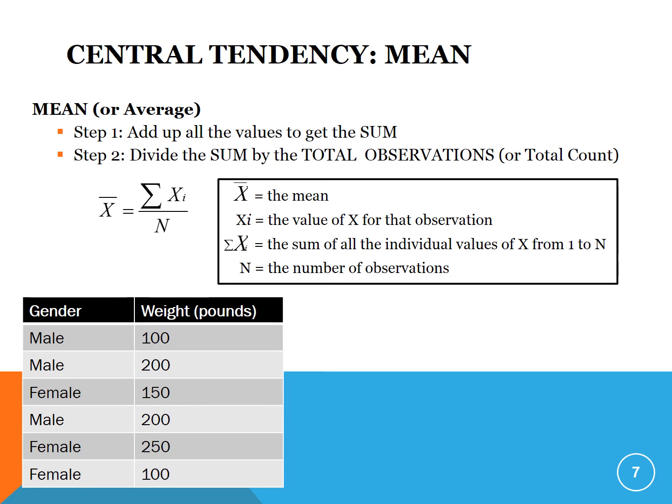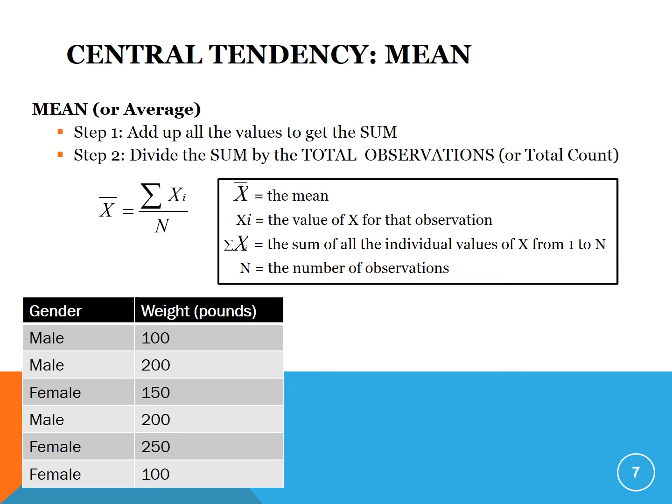The sum would be 100 plus 200 plus 150 plus 200 plus 250 plus 100.